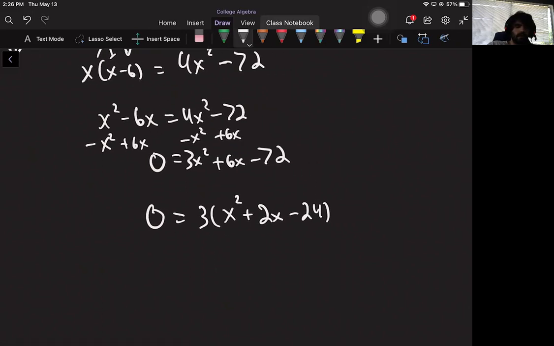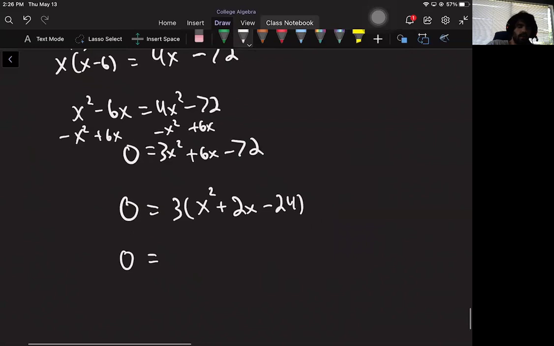Remember, when you want to solve a quadratic equation, first you should try to factor because that's the easiest. And then if you can't factor, then you resort to the other tricks. But I think I can factor this. So let's see. I have a negative 24 and a 2.